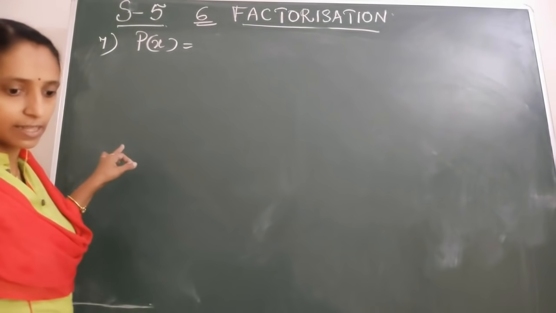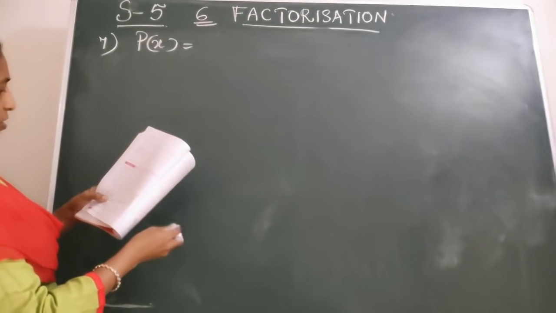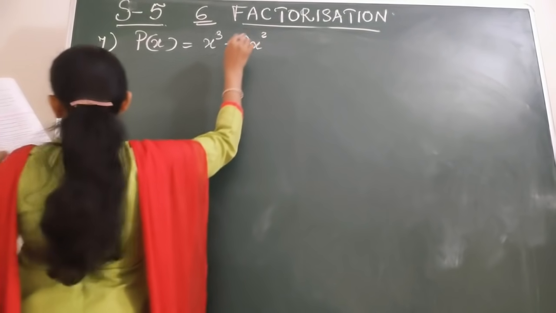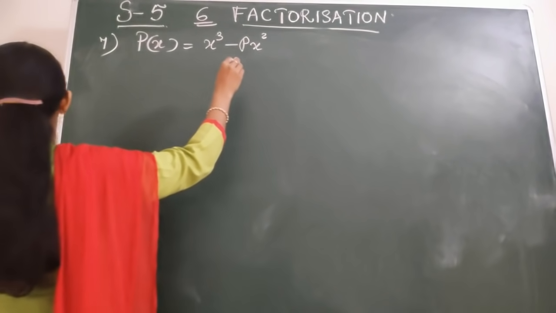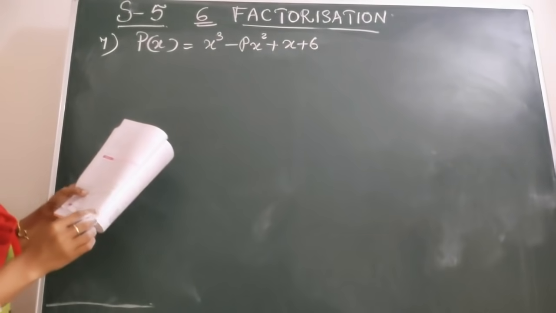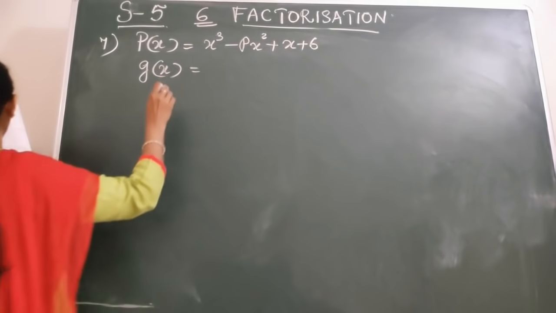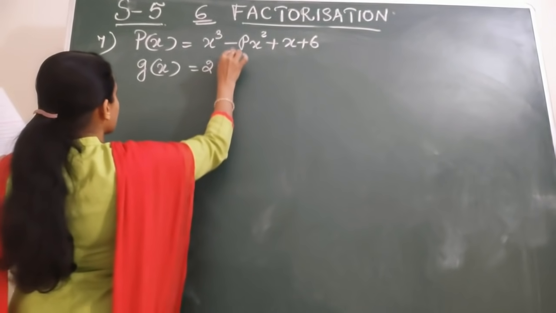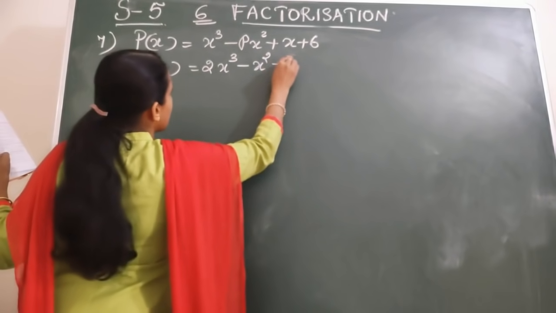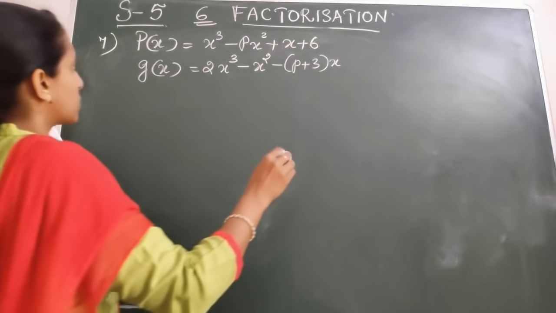P of x is given as x cube minus px square plus x plus 6, and you have one more polynomial, so the other polynomial you will take as g of x, 2x cube minus x square minus p plus 3 into x, then minus 6.